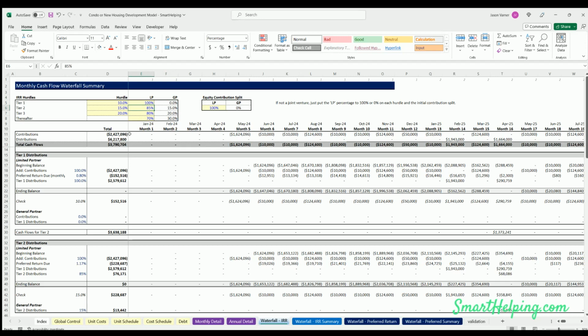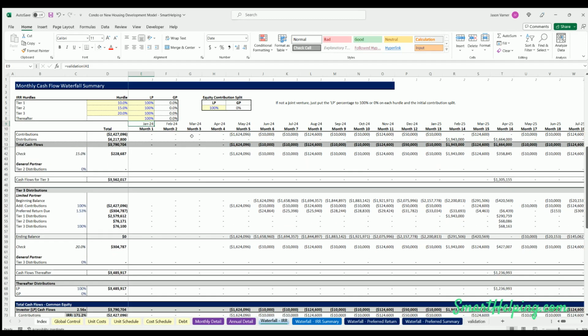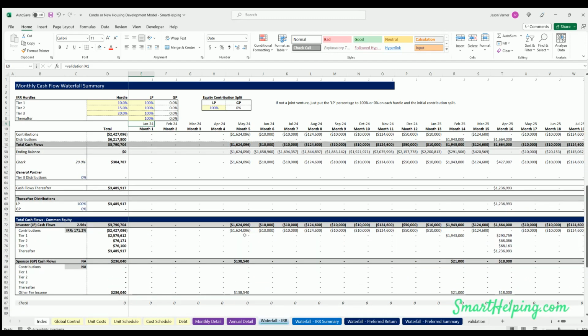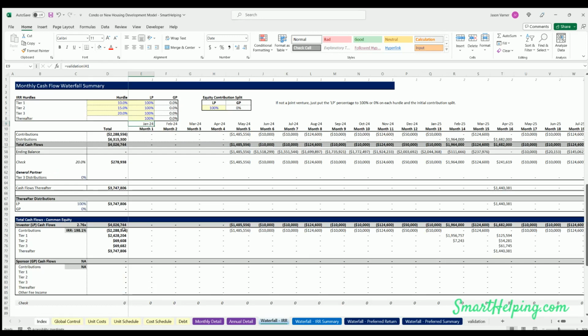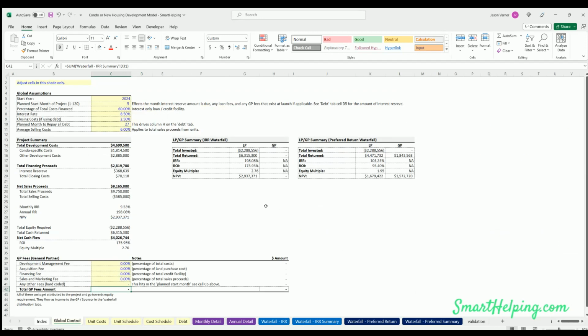If there was only one party, you could do that. Put 100-0, and you'd have to zero out all of this as well. And now you can see the project level cash flows and the LP should be exactly the same.